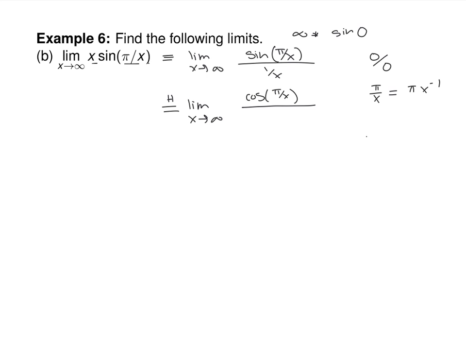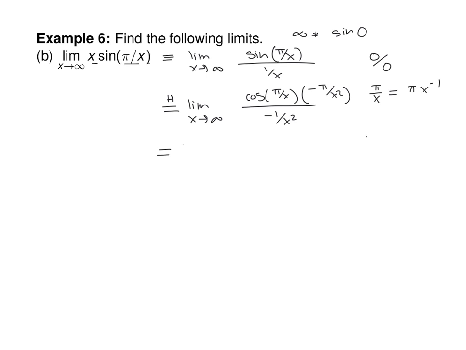So what's the derivative of pi over x? Negative pi over x squared. Do you guys agree? And then what's the derivative of 1 over x? Negative 1 over x squared again. Oh, and look, you should be really happy because what happens to the x squareds? They go bye-bye, and the negatives go bye-bye too.